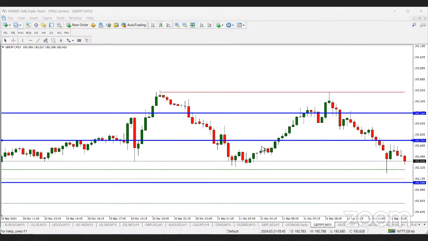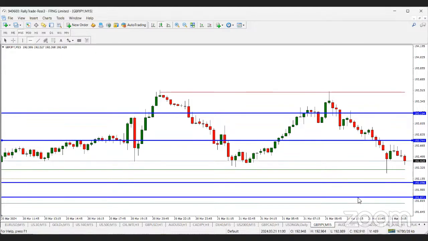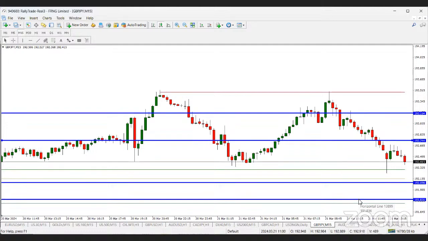So I can sell GBP JPY from 192.090, and then I can sell it down to 191.830.